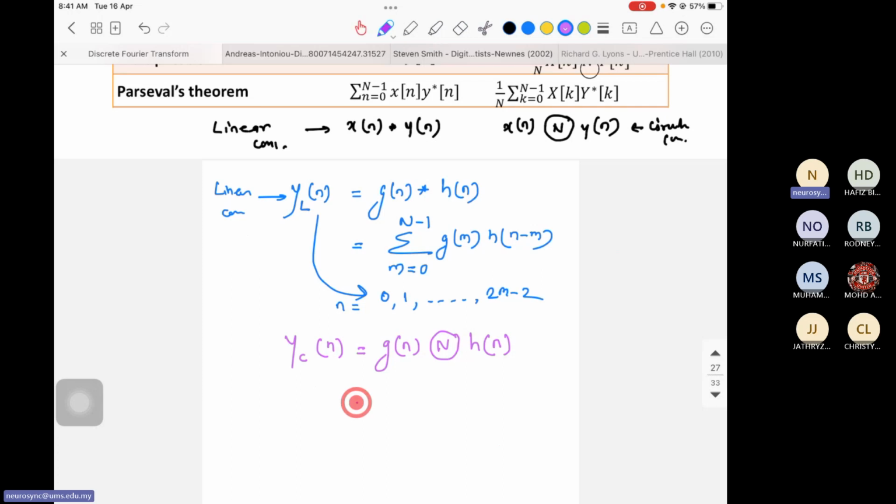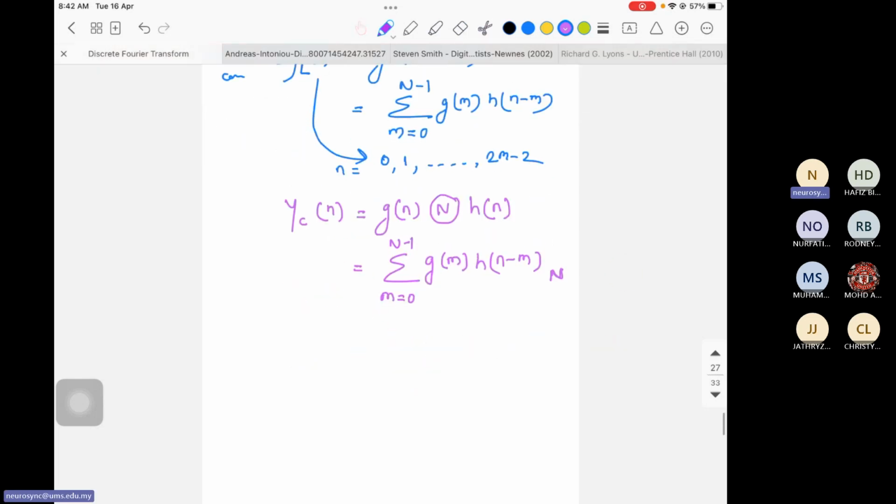If I expand this, I write the summation of g of m, h of n minus m, where m goes from 0 to N minus 1, but this is over modulo N, so the sequence will repeat after every N interval. Now we will understand this with one example.